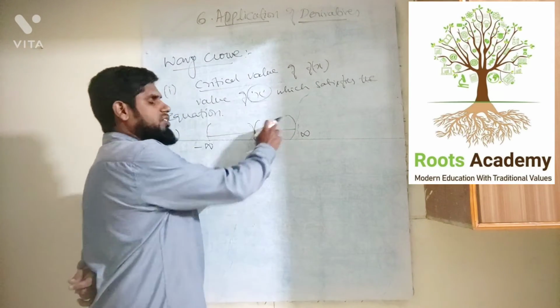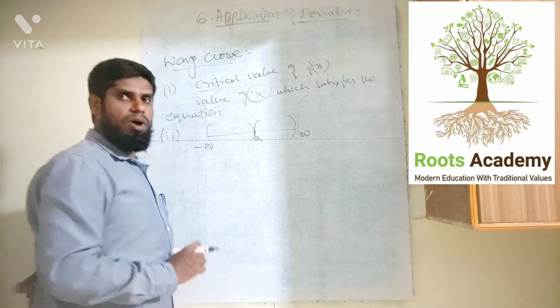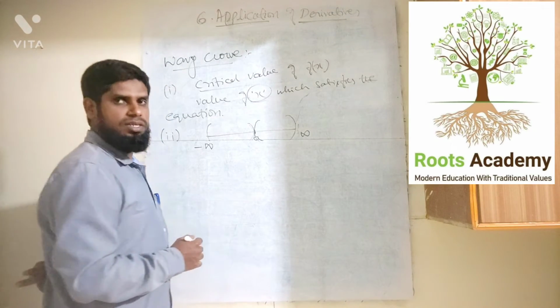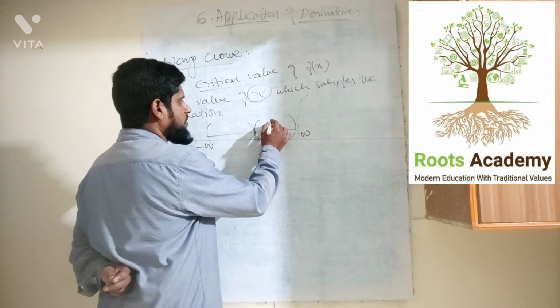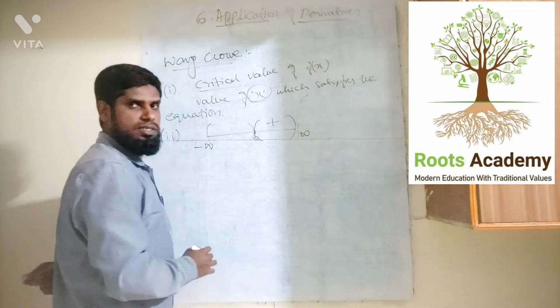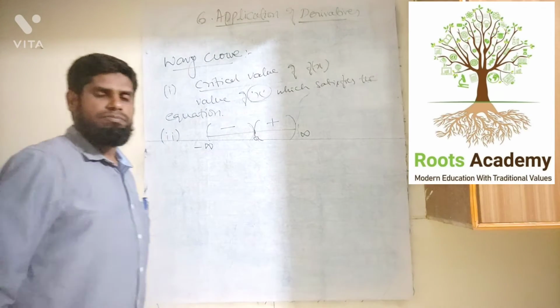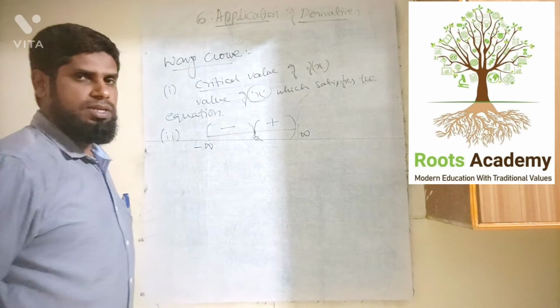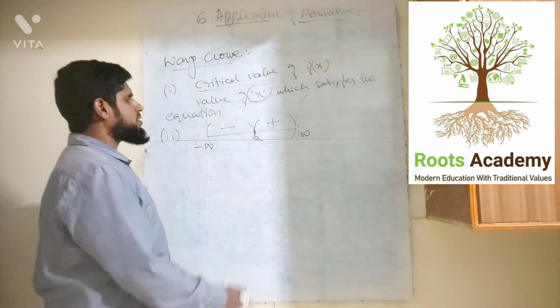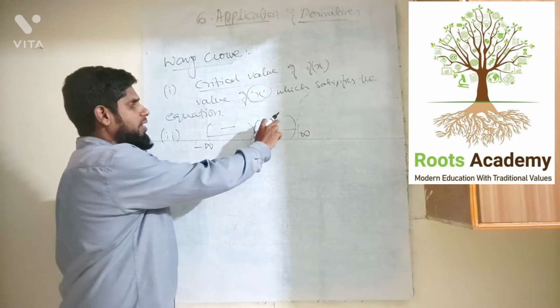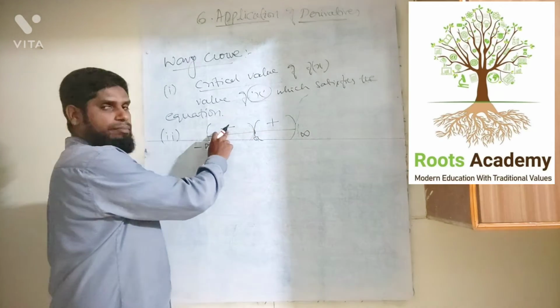If the given function is positive, if the highest power of x in the function is positive, then we will mark plus, then minus, plus sign, minus. Or we can say, if the derivative of that function is greater than 0, we will mark plus and minus.